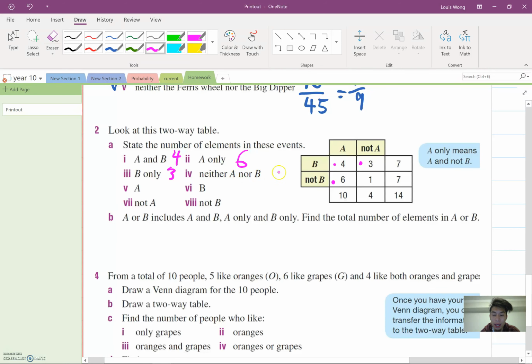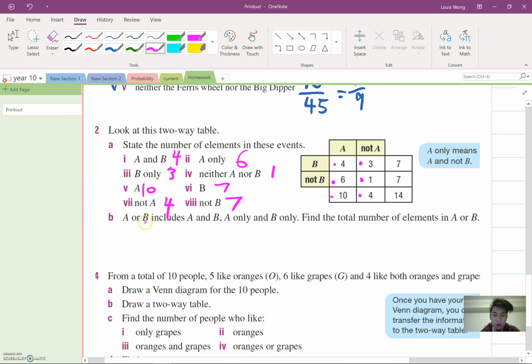Neither A nor B is not B and not A. And so that is that number 1. And A is made by this number 10, because this is the whole section of A crossed with nothing else. B similarly is this number 7 crossed with nothing else. Not A, 4 crossed with nothing else, and not B, 7 crossed with nothing else.